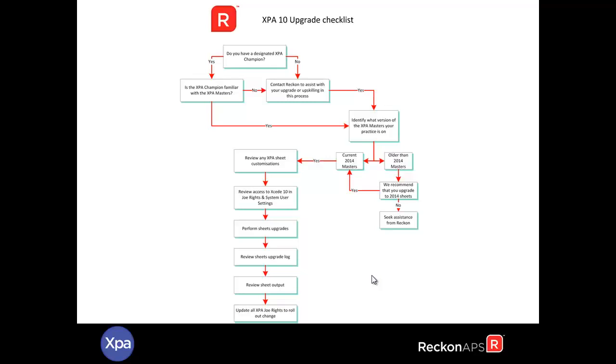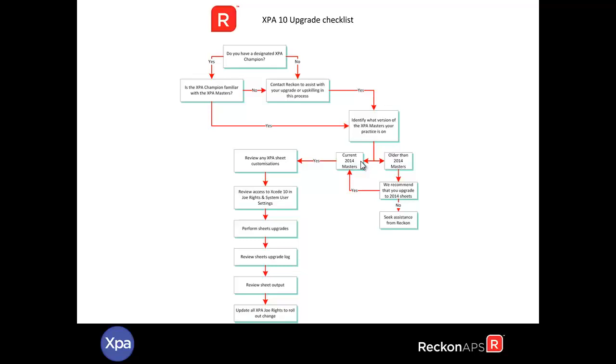Once we've got the right people doing the upskilling or are available to complete the process, the next item is to identify what version of the XP Masters the practice is on. We recommend highly that you should be on the 2014 Masters release or 2015 Masters release.